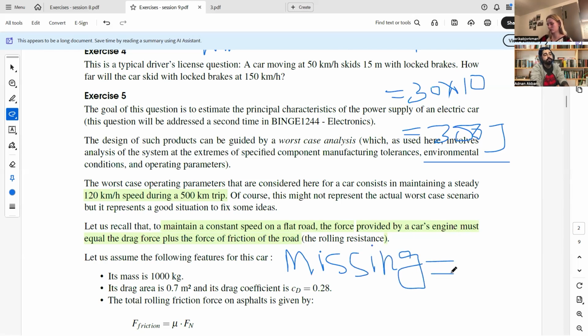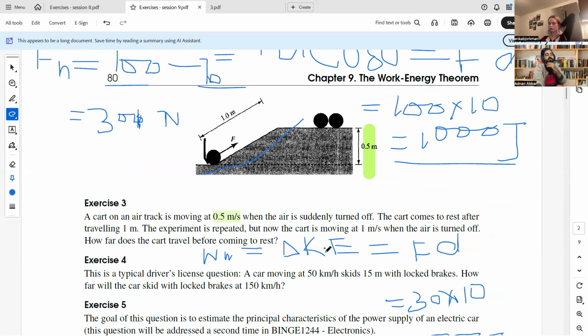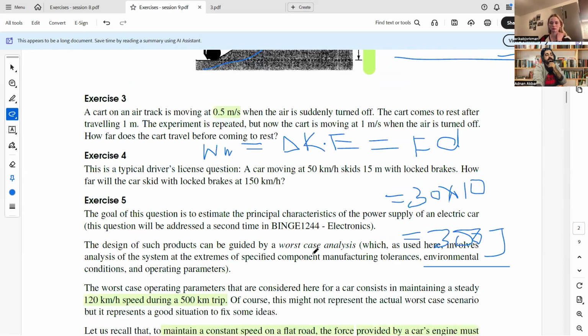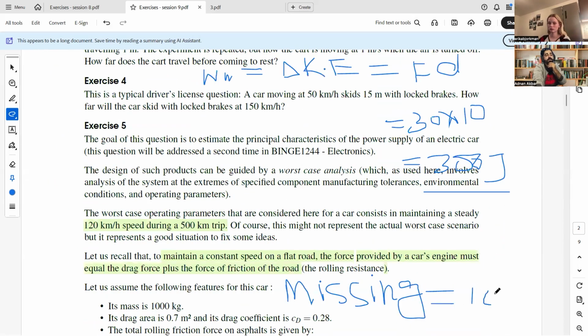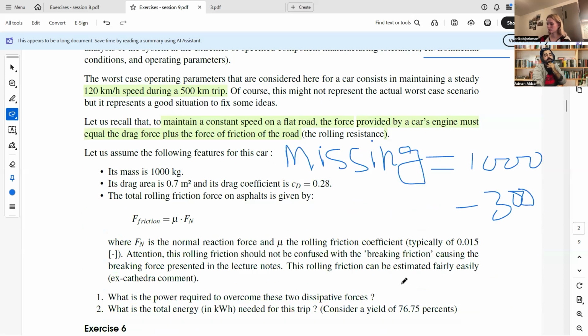Here we have two types of energy: one is the work done due to the applied force, the other is the work dissipated due to the force of friction, that is 70 Newton. If you subtract 1000 minus 300, then you will receive 700 joule, that is the missing energy. It is actually the energy dissipated as a result of friction.